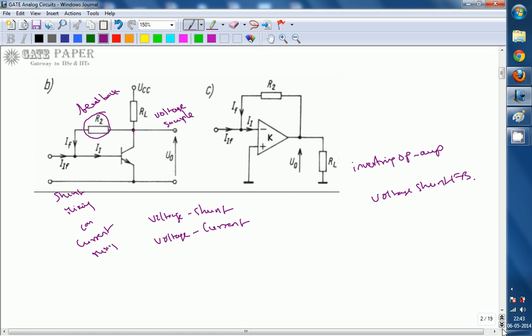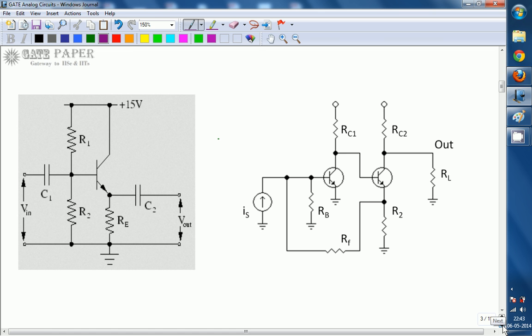Next, the other circuit looks like this one. It is called either a common collector amplifier, or it is also called an emitter follower circuit. So in this one, RE is nothing but the feedback element.